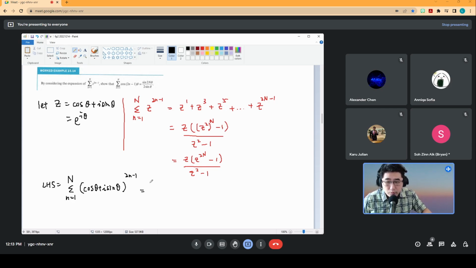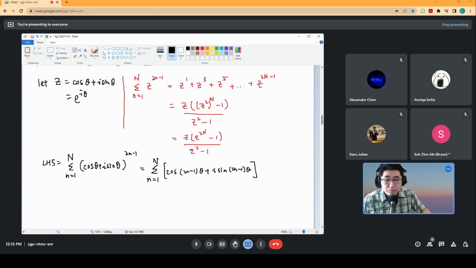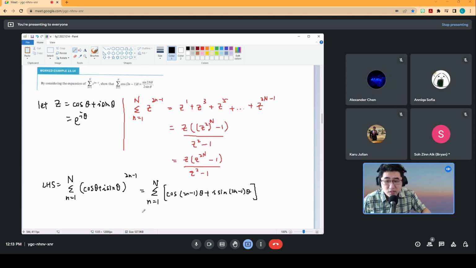According to De Moivre's theorem, the 2n minus 1 can be put in. Do you agree? Yes. So this is the same as the summation n equals 1 of cos(2n minus 1)theta plus i times the summation n equals 1 of sin(2n minus 1)theta. Do you agree?